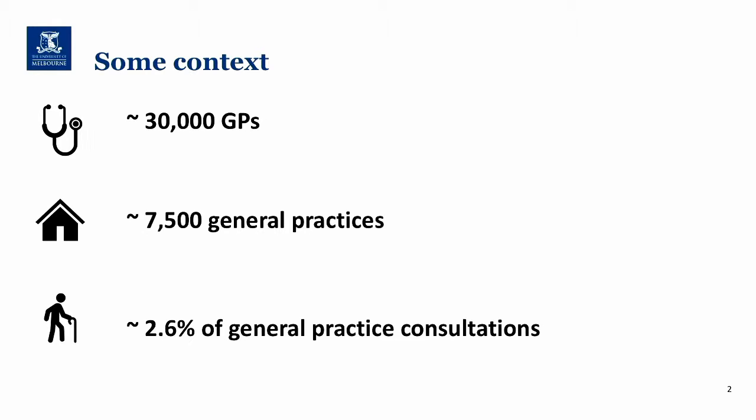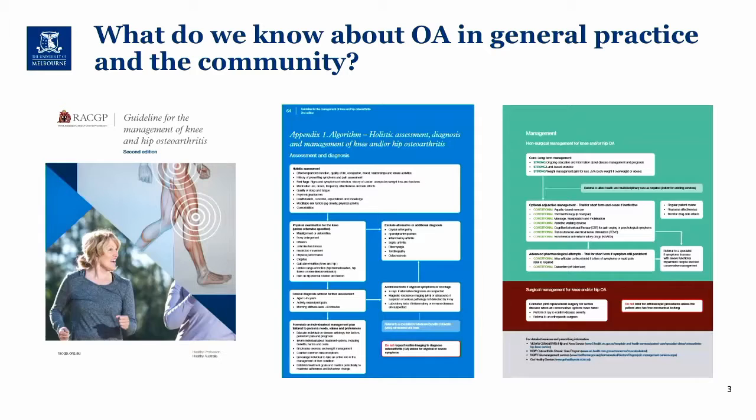So what is happening in general practice when it comes to management of osteoarthritis? What is supposed to be happening? And how can we maybe look at data or use data linkage to address some of the gaps that maybe there are? There was a bit of reference to these earlier today.